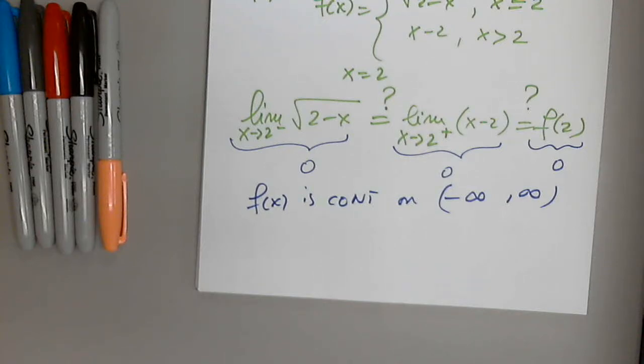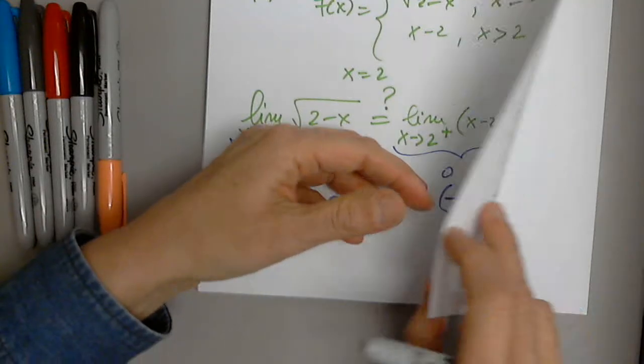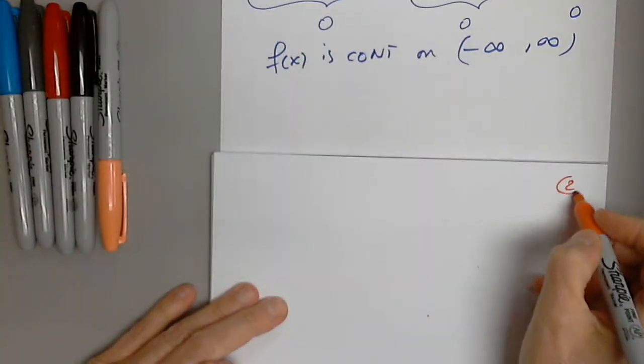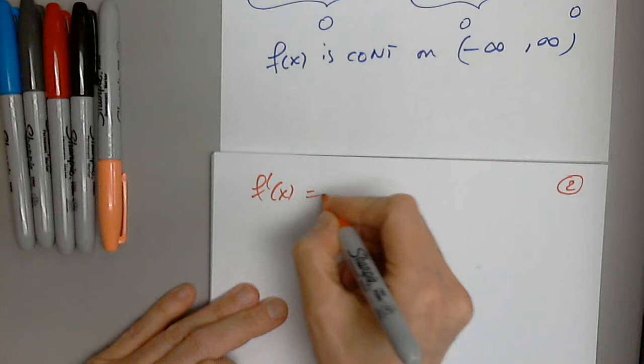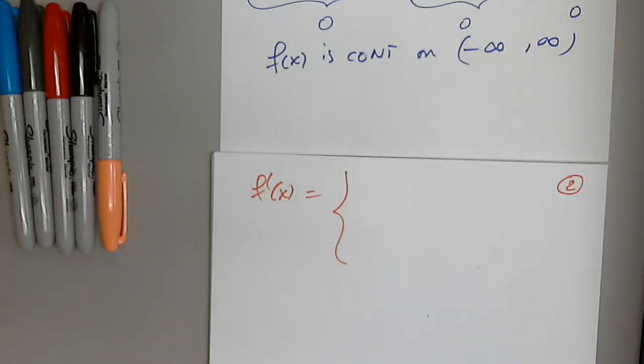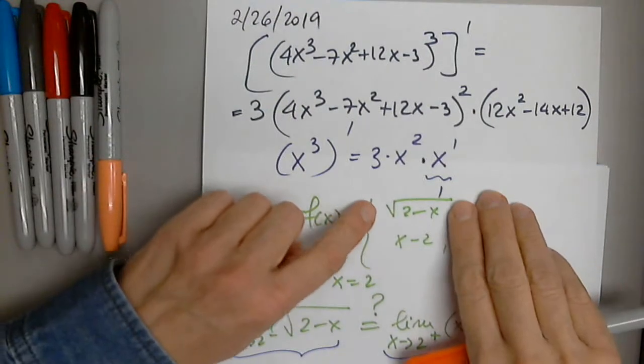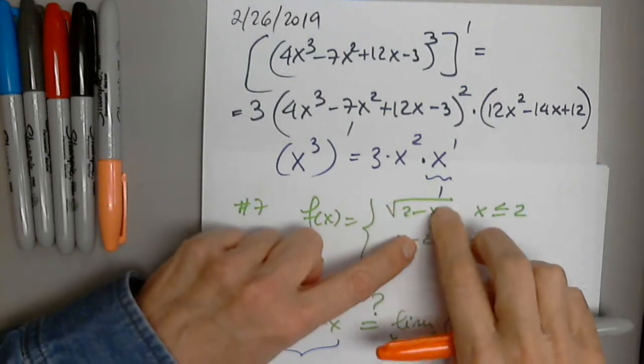So here's what we need to do. Let's find f prime. You could say, wait a minute, you haven't shown us whether the function is differentiable. How can you just go ahead and find f prime? Here's why I can. I know that this piece is differentiable, and I will find its derivative.